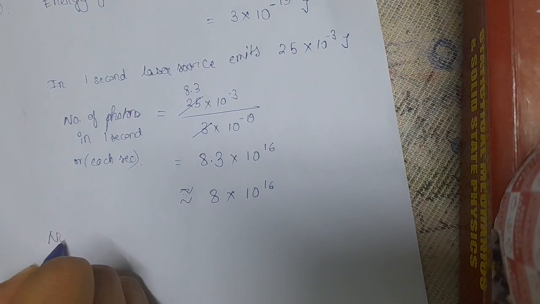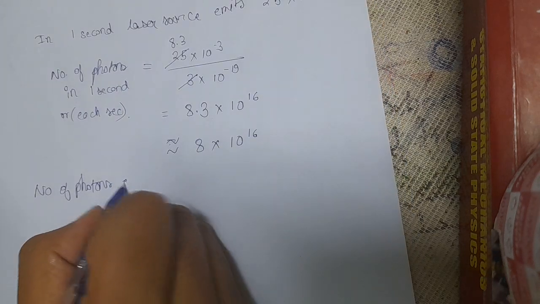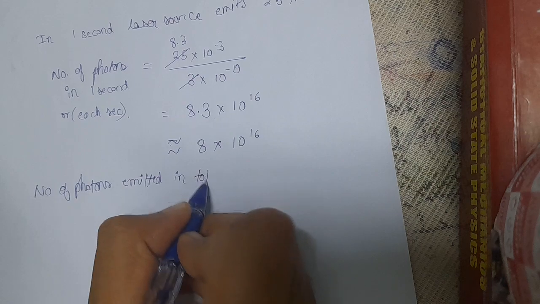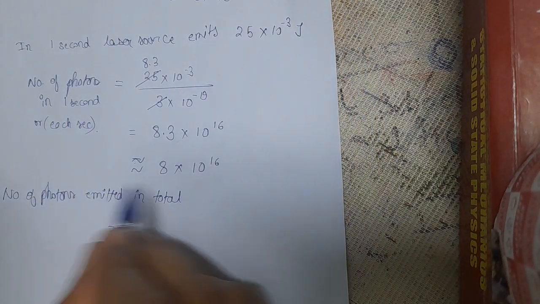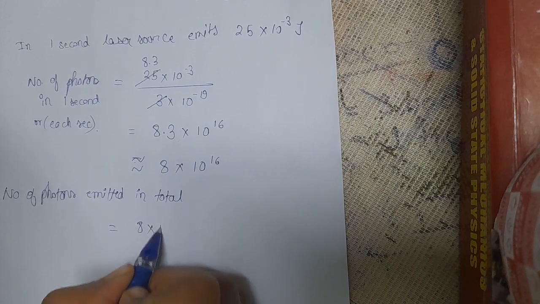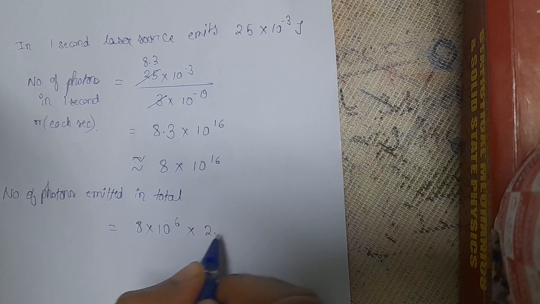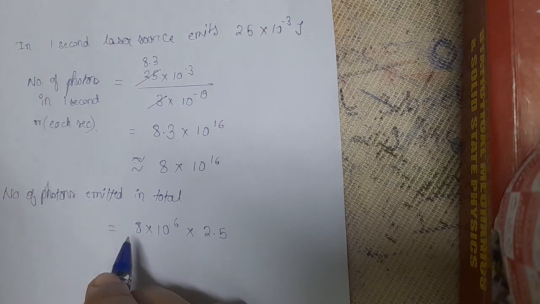Okay, so the number of photons emitted in total will be 8 into 10 to the power 16 into 2.5. 25 times 8 is 200.